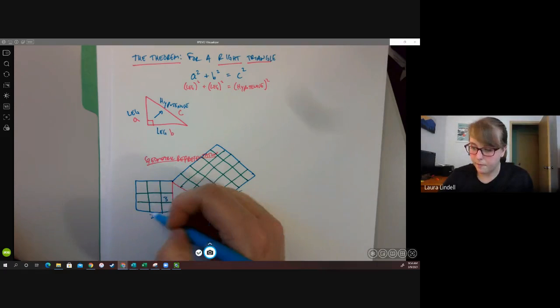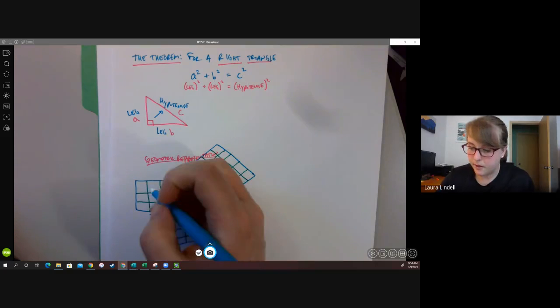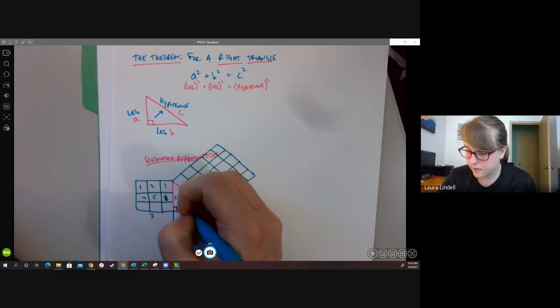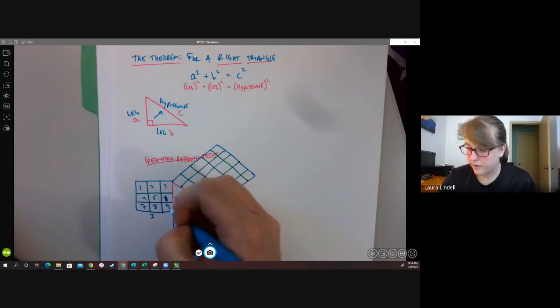So inside of here, 3 by 3 means that there are 1, 2, 3, 4, 5, 6, 7, 8, 9 squares.